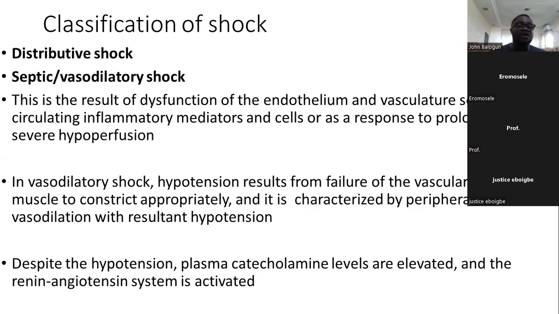The problem from flow can come from the heart, but in this one, the heart is okay. The problem is intrinsically from flow. Examples of distributive shock are septic shock and hemorrhagic shock. Obstructive shock is another part. The point about distributive is septic and hemorrhagic shock.